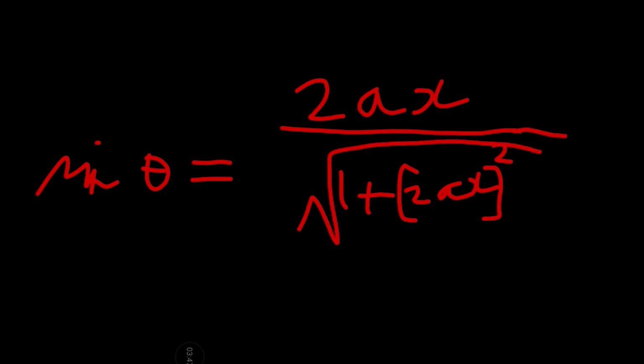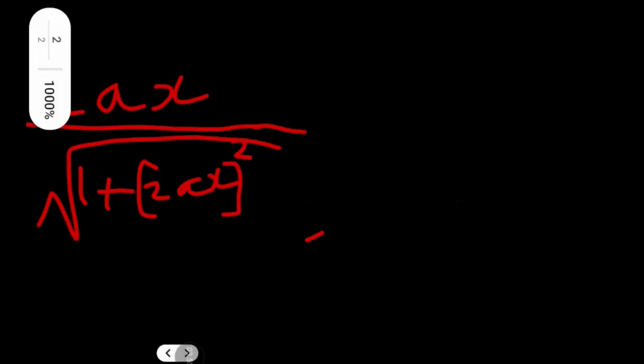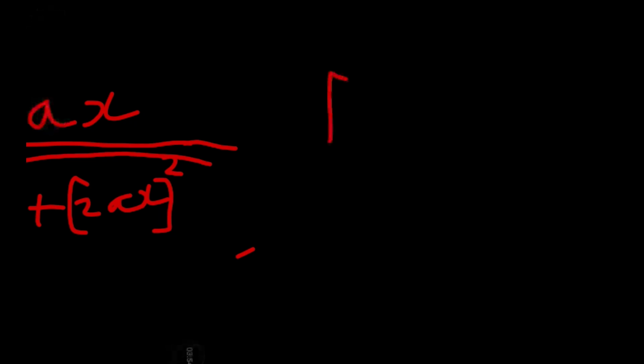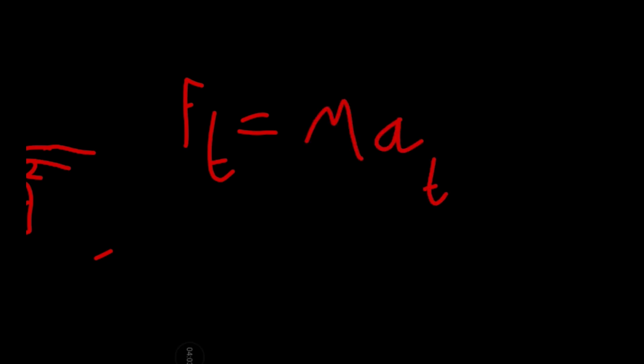And since we know with inclined planes that mg sine theta is the component, we can get the force along the tangent equal to the mass times the tangential acceleration, which is in parallel with the mg sine component.